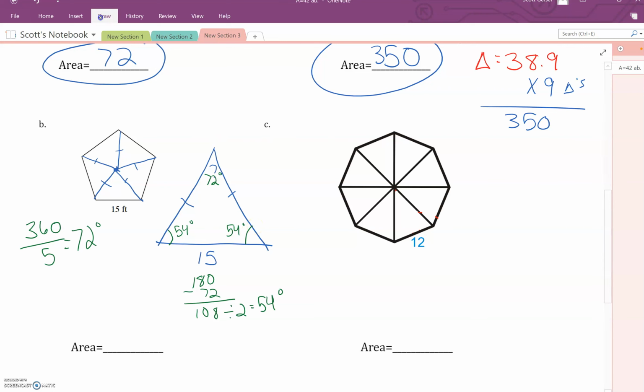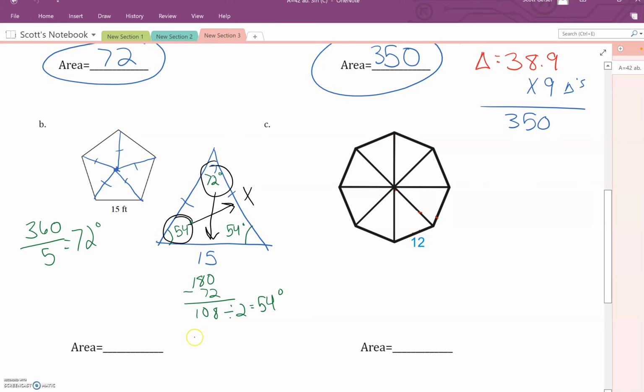And now, again, there's only two types of problems, and we'll work on this in class the next day as well. But now I would have an angle with a side opposite of it. So if I need to figure out what that side is so I can find the area, I could do my law of sines.